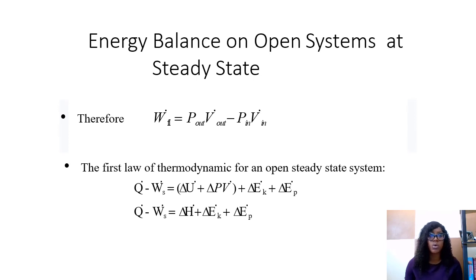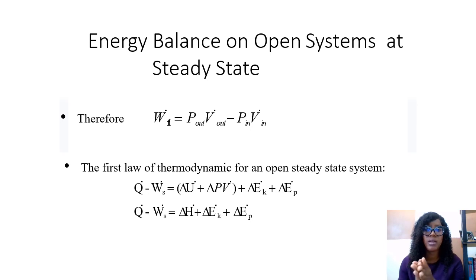So the first law of thermodynamics for an open system at steady state would be Q minus WS is equal to our delta U plus P delta V. So remember, our P delta V term would be like looking at our flow work, right? Plus EK plus EP. And of course, we can simplify that, and we end up with Q minus WS is equal to delta H plus EK plus EP.